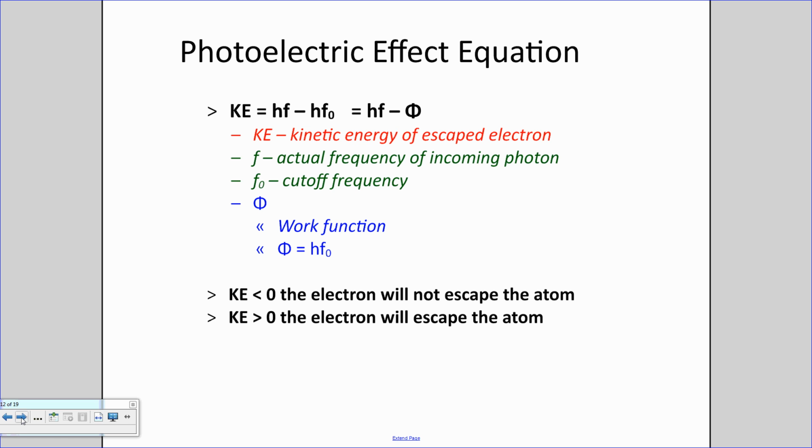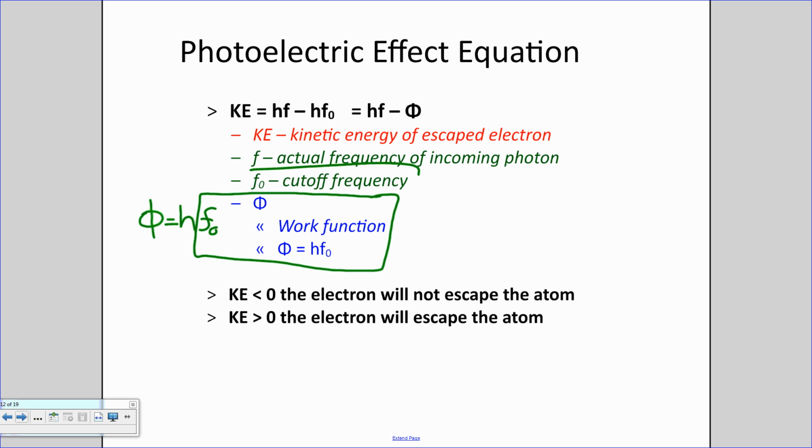I was just talking about work function, so I'm going to drop down here first. Work function is represented by the symbol phi, and that's just a line with a circle. And that is h times your cutoff frequency, which is f naught. So I'm shining light of a certain frequency on the surface.